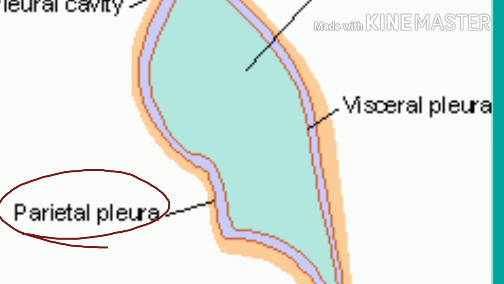The inner layer of the pleural membrane is the visceral pleura. The visceral pleura covers the wall of the lungs, the lungs themselves.